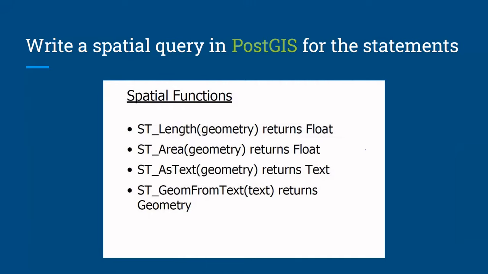ST_Area of a geometry returns a float corresponding to the area. Then we have ST_AsText: if you have a geometry, it is returned as text. It's useful in queries where you would like to have the geometry as part of your outcome. And finally, ST_GeomFromText, which returns a geometry based on your text.